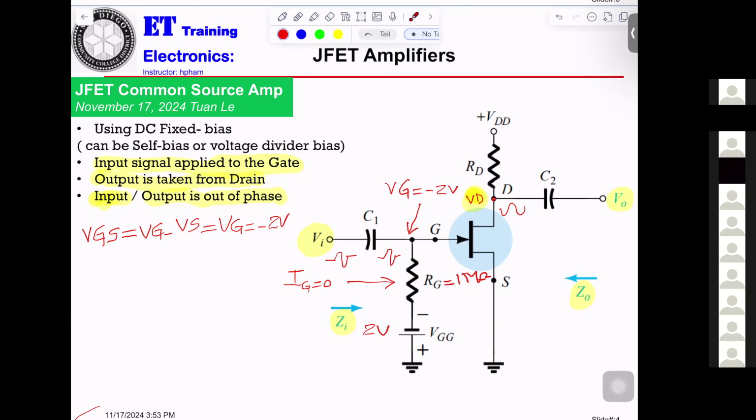If they ask about the bias, again, I'm telling you, we get a fixed bias, a self bias, and a voltage divider bias. Okay? And what is the input impedance? If you're looking into that circuitry here, what is the input impedance equal to?